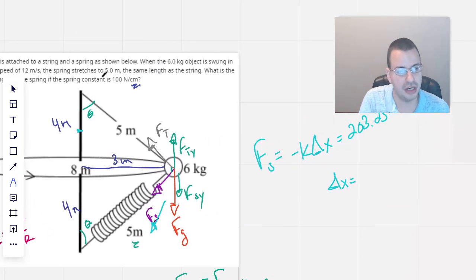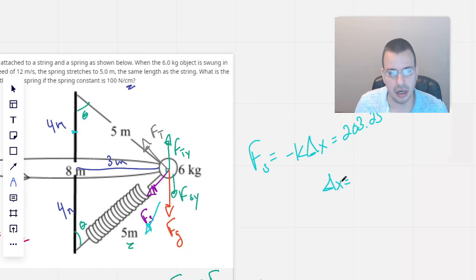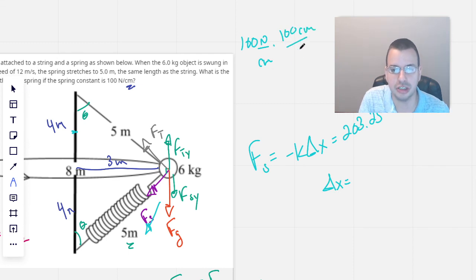So we know it's 100 newtons per centimeter. I'm just going to convert that right now. 100 newtons per centimeter times 100 centimeters per 1 meter. Cancel, cancel. So we have 10 to the 4th newtons per meter.